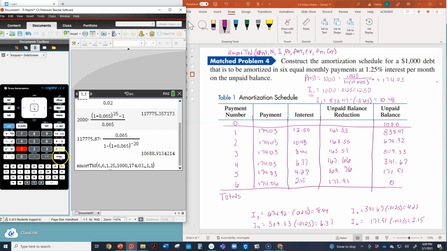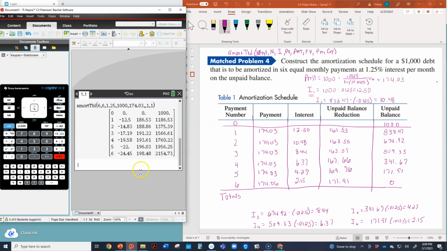Okay. So now I press enter, and it gives me pretty much the exact same thing that I have over here. It did not include the payment method, but it's saying I've got to pay $12.50 in interest and, shoot. Oh, I didn't put my payment as negative.